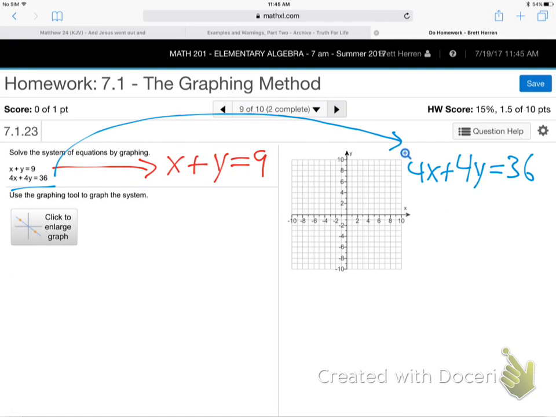You guys noticing something funny? So jump this x to the other side. Y equals minus x plus 9. Good there? Make a little more room here. Okay, I can do the graph on that one.